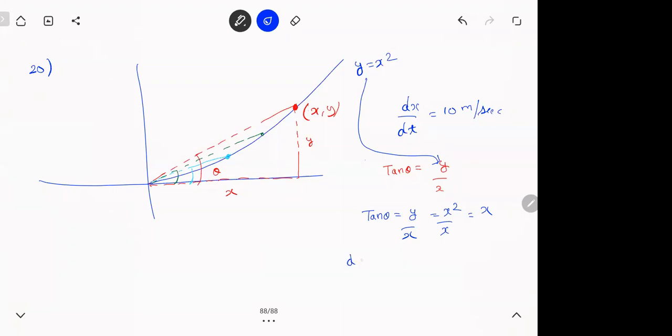So we differentiate tan theta with x. That becomes 1, this becomes secant square theta, that's equal to dx. So we get tan theta is equal to x.